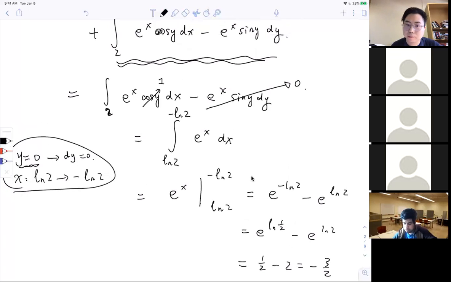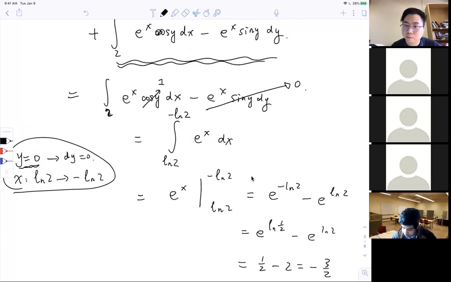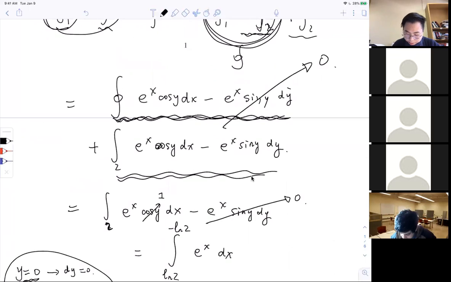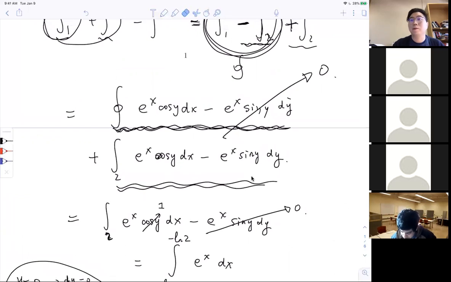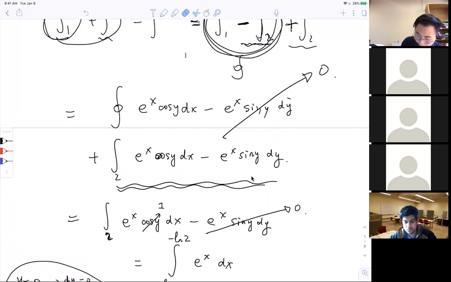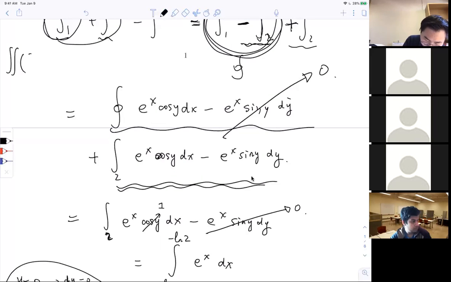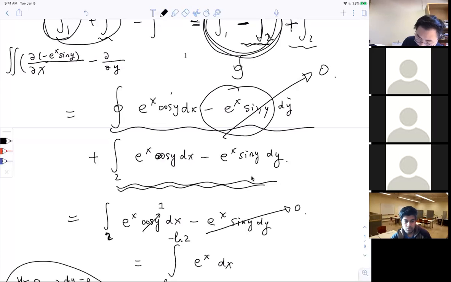So any question? Yeah, could you just reiterate, please, why the double integral from Green's theorem was 0? Oh, okay. So the Green's theorem for this kind of closed loop is given by partial x of this guy, which is minus e^x sine y, and minus partial y of this guy, cosine y, if I remember correctly.